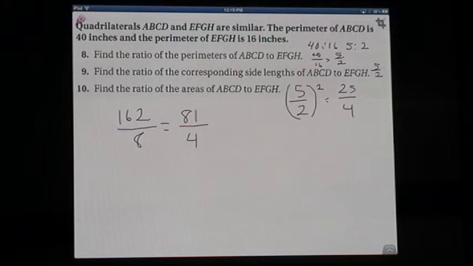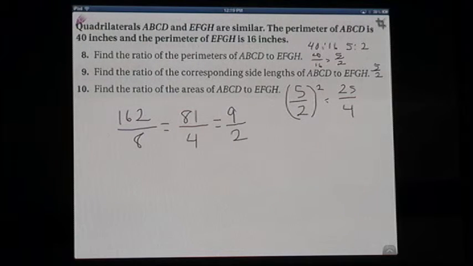Now, if we square the ratio of the perimeter or the side lengths to get the area, to go backwards from the ratio of the area to get the perimeter or the side lengths, you take the square root and you get 9 to 2. No, that's not equal. I'm sorry. It would be the new ratio. Okay, this is the ratio of side length.